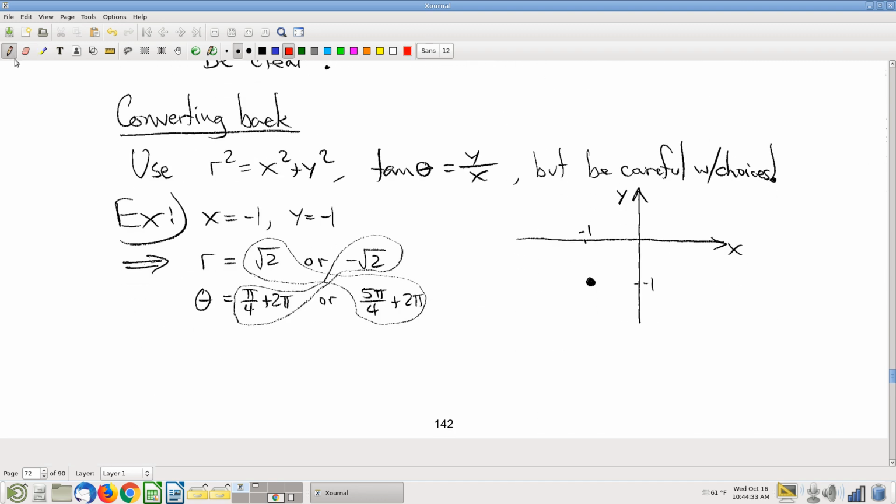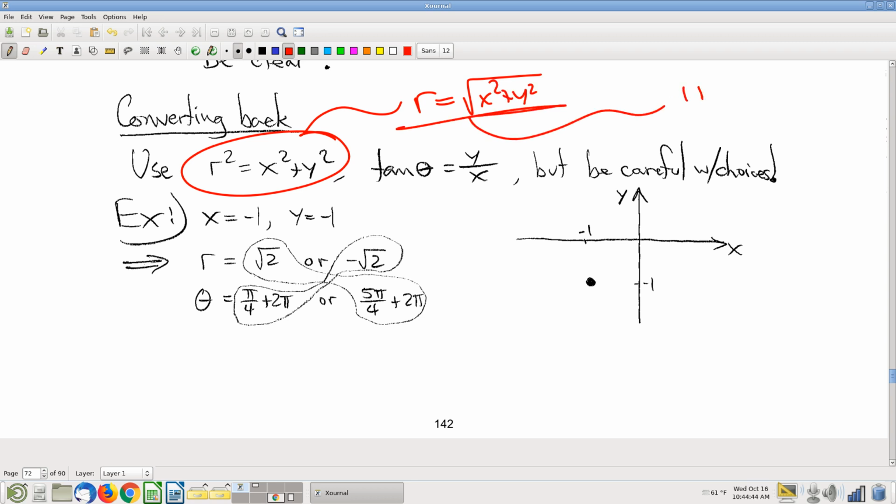A lot of students, for example, will take this equation and say, but I want to know r, and so I'm going to write down r equals square root of x squared plus y squared. And this is bad. The problem with that is this equation uses that symbol, the square root symbol, which means positive.